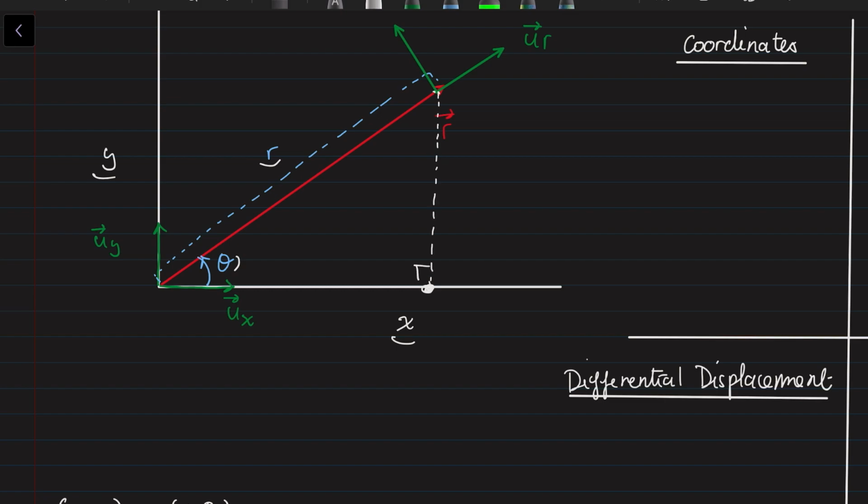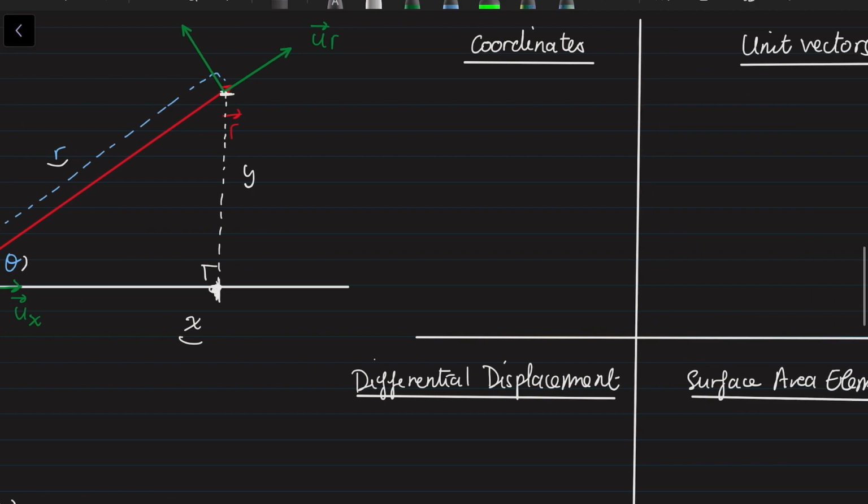This is a right angle, and if I call this distance from the origin to here x, and this height y, we see that we have a right angle triangle with a hypotenuse of length r, and there's an angle theta over there. So x is r cosine theta, and likewise y is r sine theta. Okay, so this is how we find x and y in terms of r and theta.